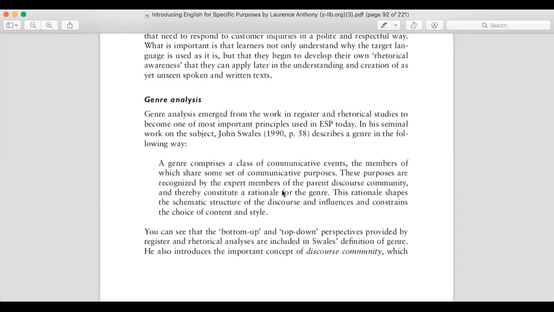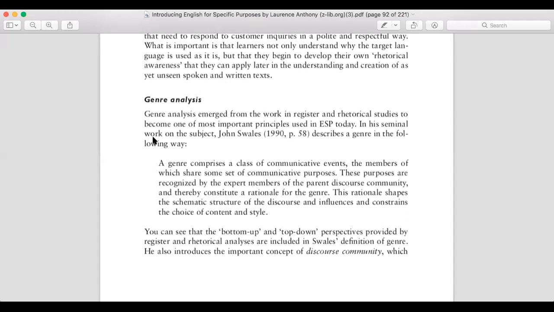Now, genre analysis basically deals with communicative events which have a single or a common communicative purpose or similar purposes.